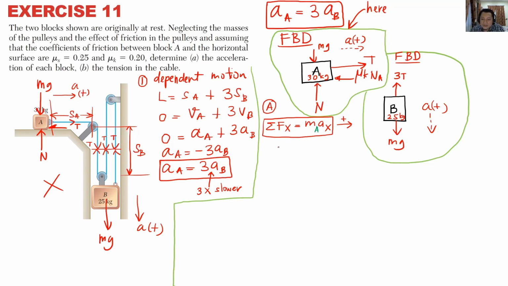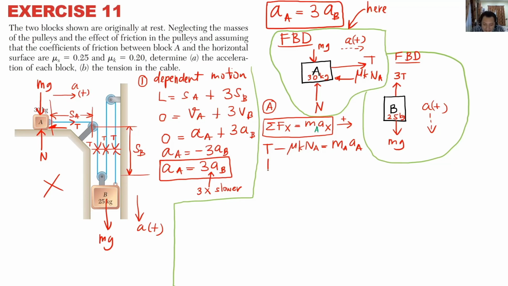To the right is positive, so T minus mu k times normal A is equal to MAAX. AX ataupun AA lah, senang.